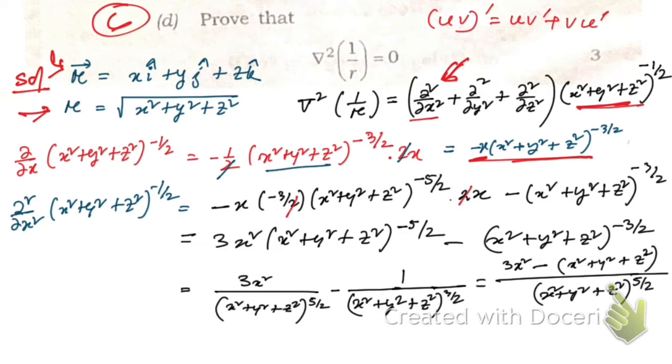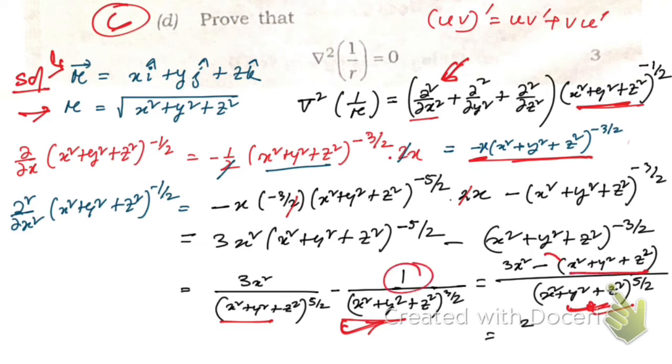Hope you have understood how we got this, because here we have taken the LCM of these two. If you divide this by the denominator (x square plus y square plus z square) to the power 3 by 2, you get x square plus y square plus z square into 1.